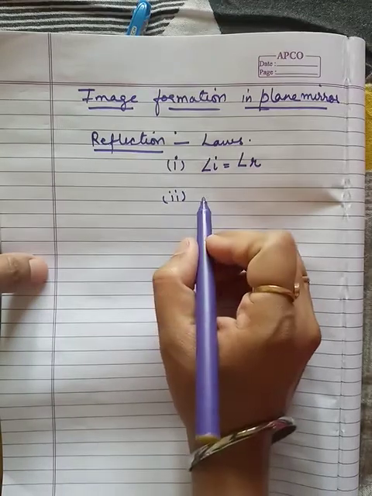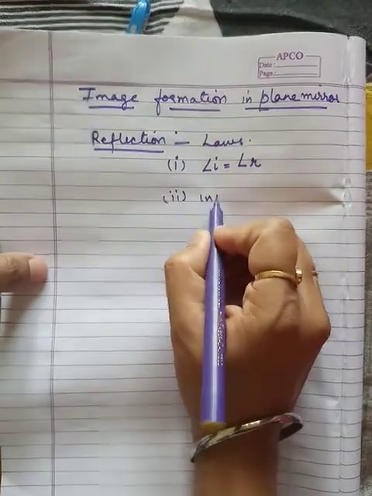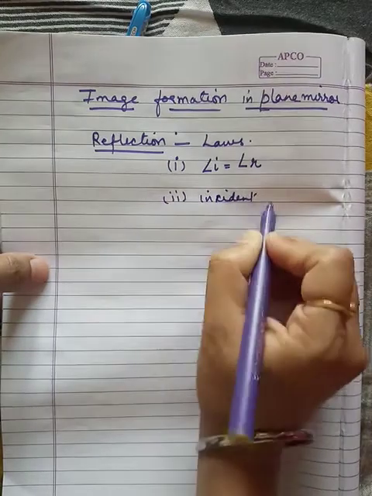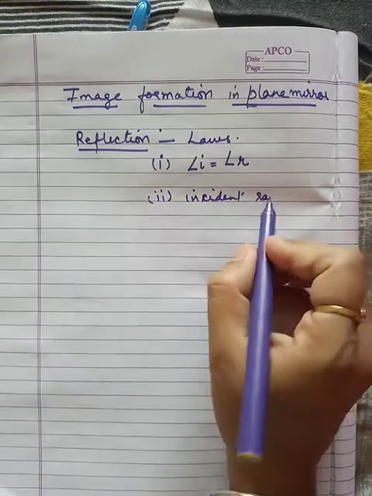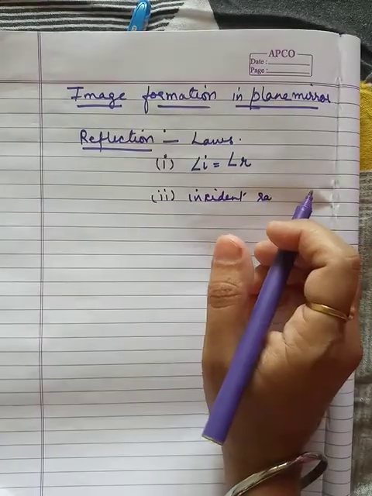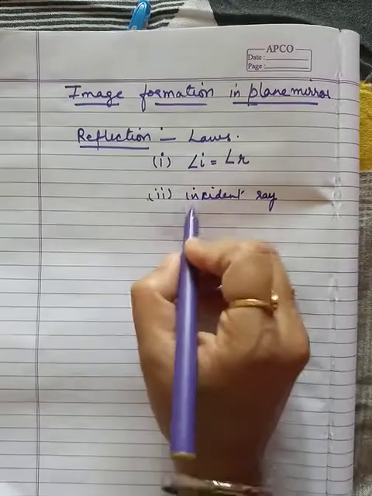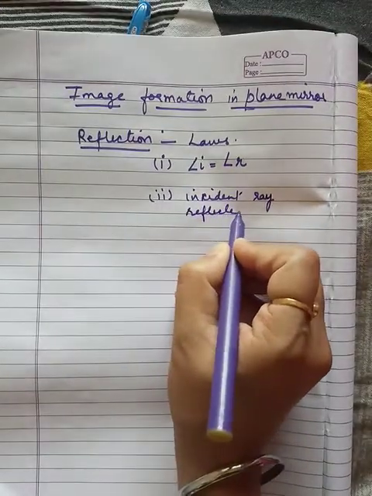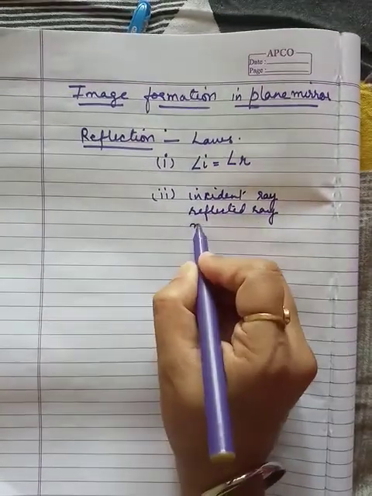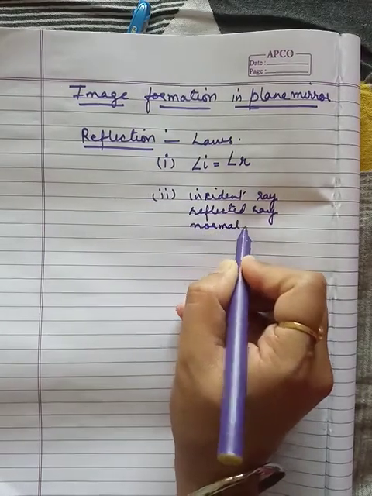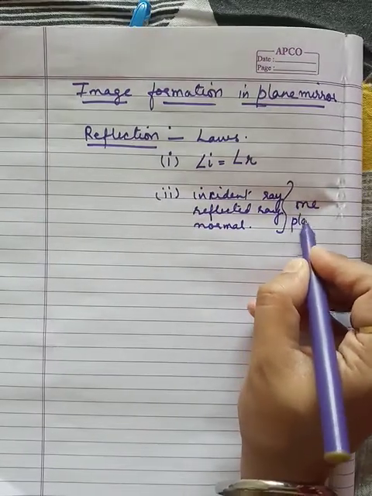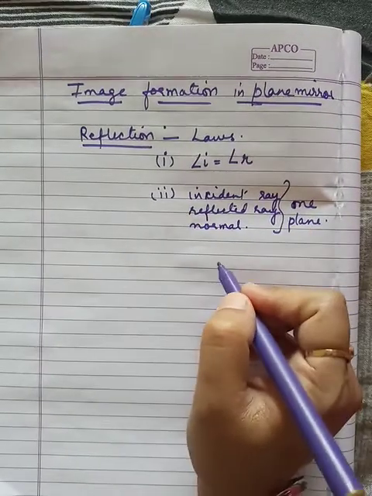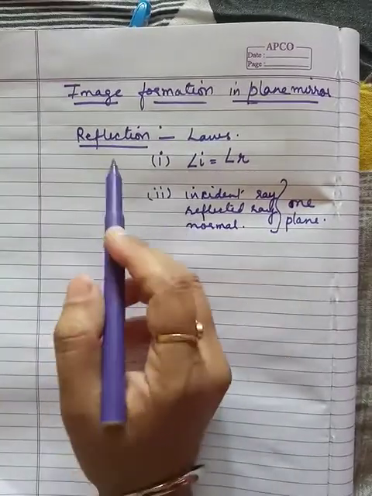And the second law says that the incident ray, the reflected ray, and the normal, all three should lie in one plane. So we should recall the laws of reflection before going to image formation in the case of a plane mirror.